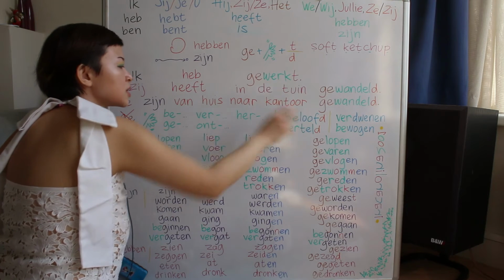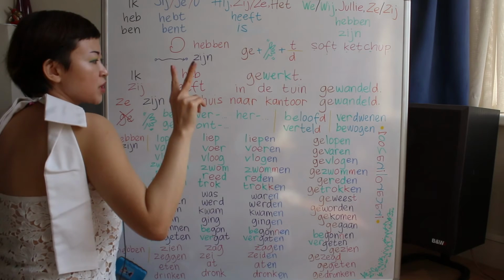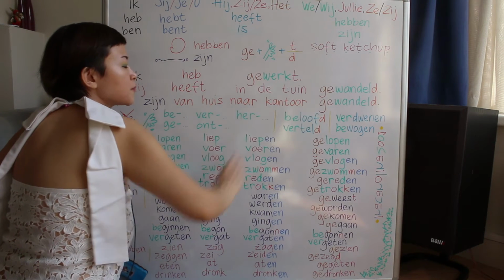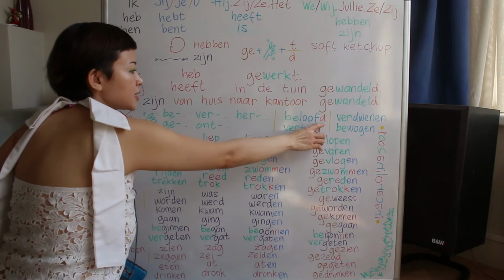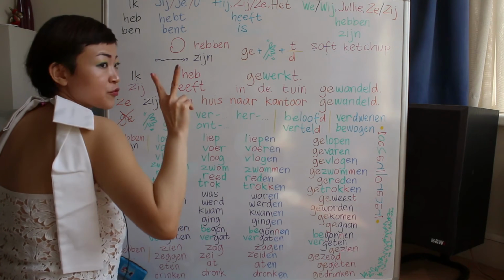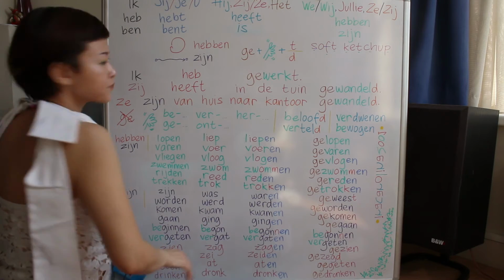The original one is V. That V changed into F, and the D is used because the original is from V. I hope you understand.